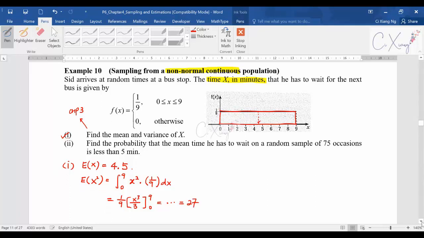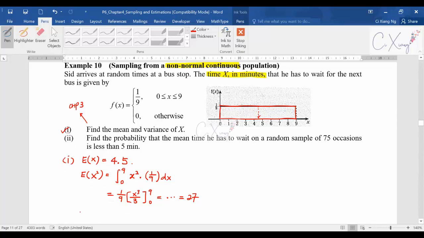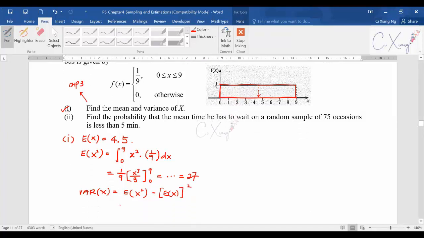But again, E(x squared) is not your variance, right? So how can we get the variance? The formula is E(x squared) minus the mean squared. So you have 27 minus 4.5 squared, and your variance is 6.75.